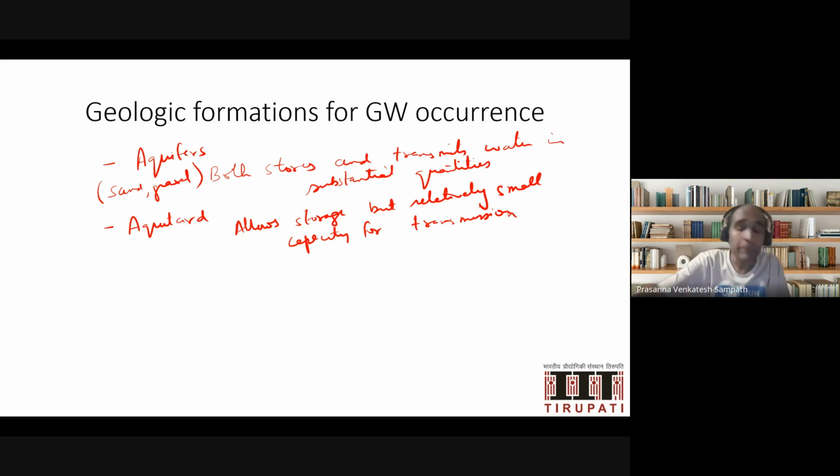The difference is that it allows storage of water, but has relatively small capacity for transmission of water. So it does not allow transmission very easily.